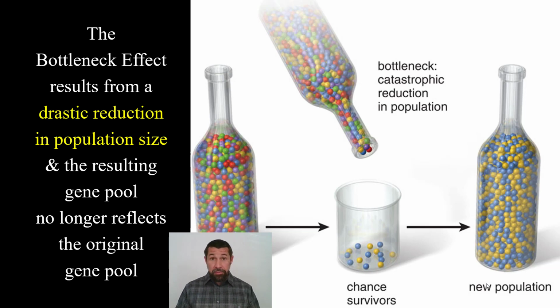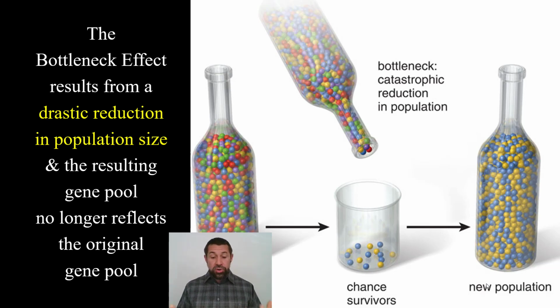And one final example of the dramatic impacts of small population size on allele frequencies is the bottleneck effect. A population bottleneck is a sharp reduction in the size of the population due to some catastrophic event, like an earthquake or a flood, fires, droughts, famines, disease outbreaks that spread across the population.